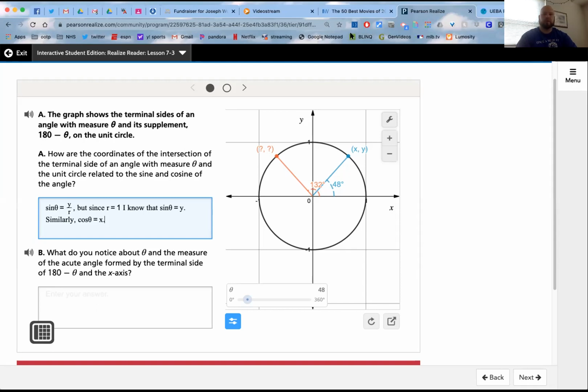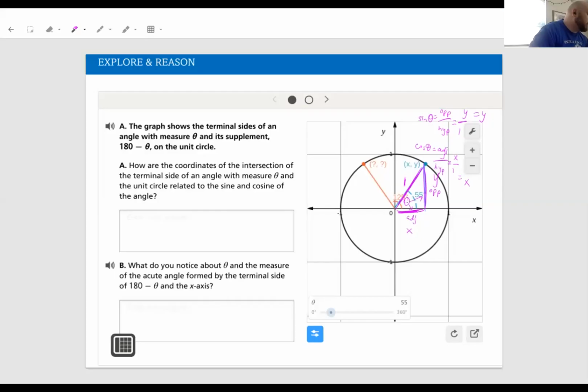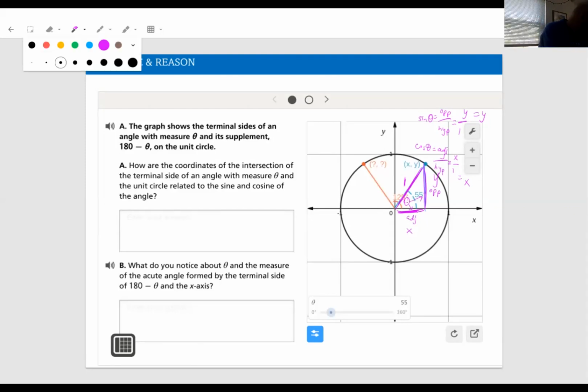I'm going to jump back over to my other screen so I can write on the screen again. All right, so back over here, let's change our color. I'm going to go with the red this time.